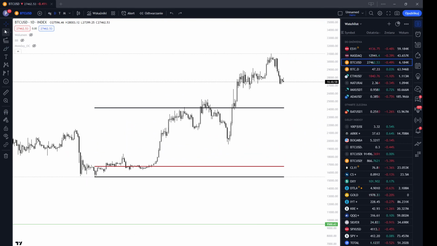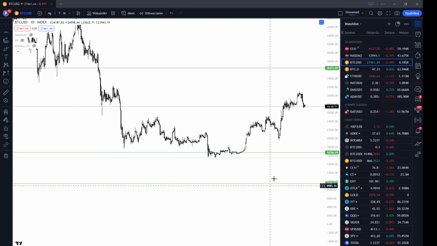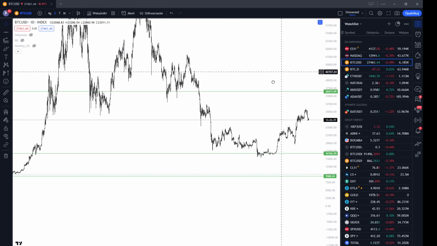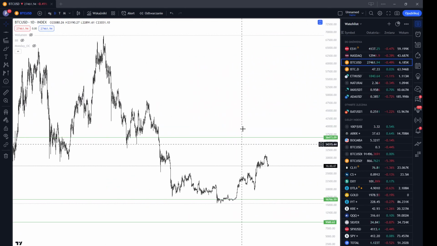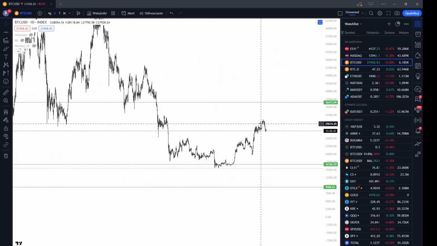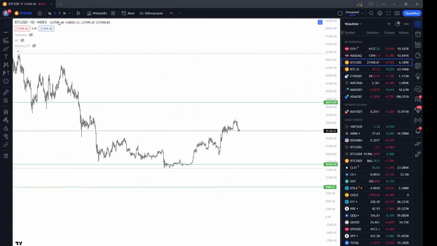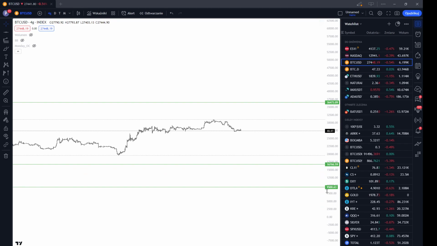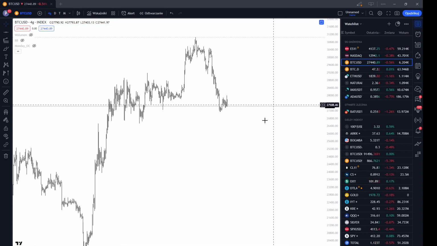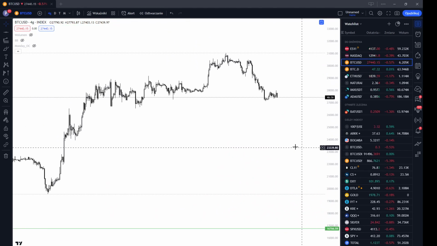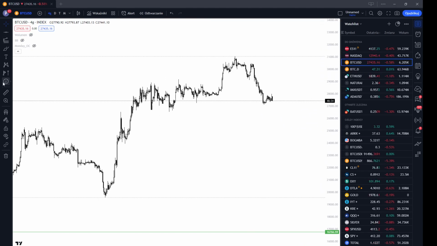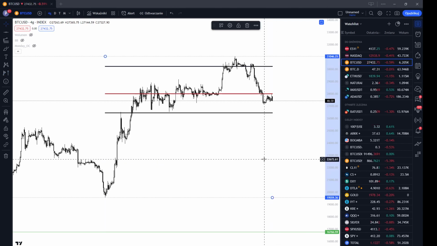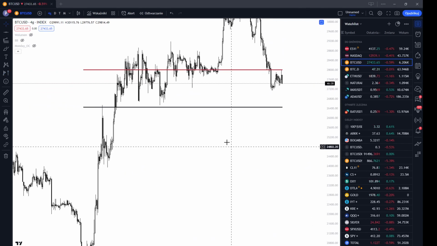So this level here is important as well. It was important for this bigger swing down, and it's important for this smaller swing up. And now if we go down to the 4-hour chart, I'll show you what I mean by confirm below. So we take from the pivot low to the locals to the current situation.